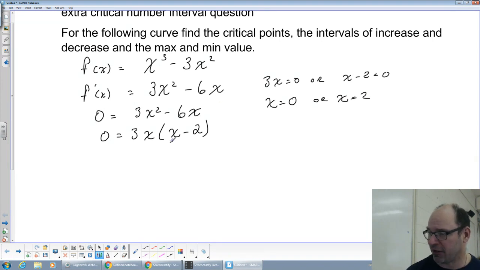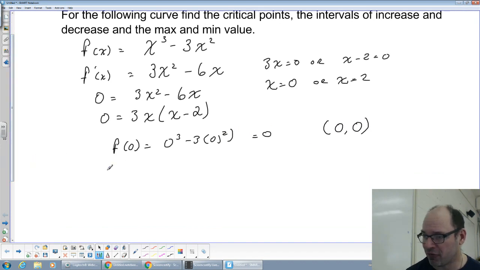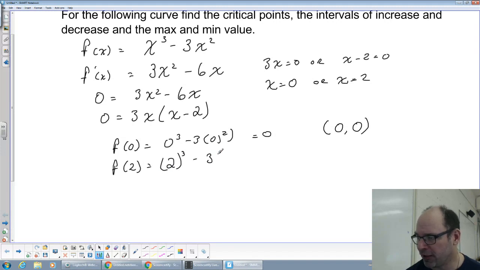Okay, so let's plug in our numbers to get the y point. f of 0 equals 0 cubed minus 3 times 0 squared, which is still 0. So one critical point is at (0, 0). Our other critical point is at x equals 2. So 2 cubed minus 3 times 2 squared.